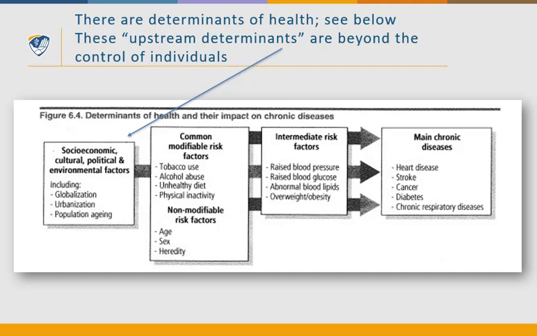Things like globalization, urbanization, population aging. But there are things that are under people's control. And we see these on the list: tobacco use, alcohol abuse, unhealthy diet, physical inactivity, etc., etc.